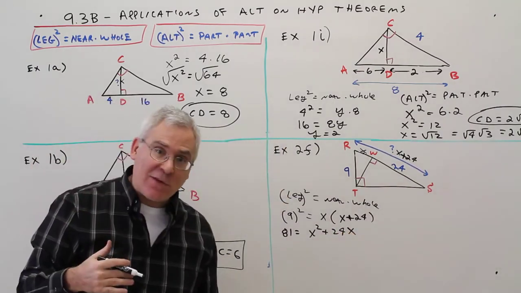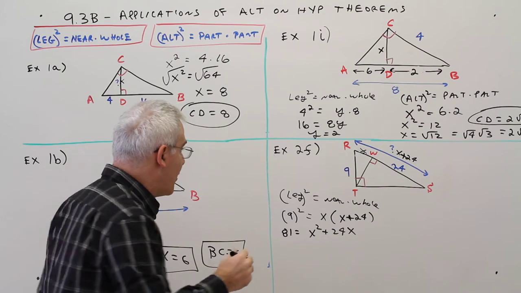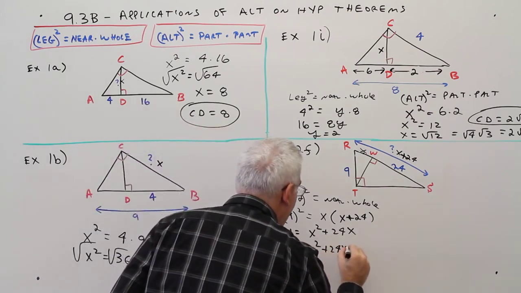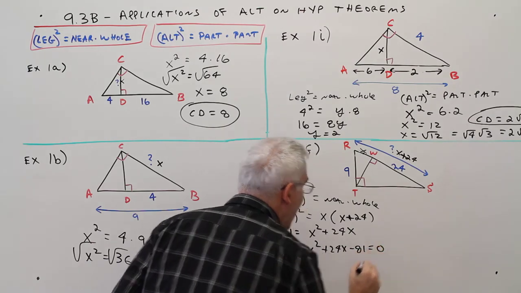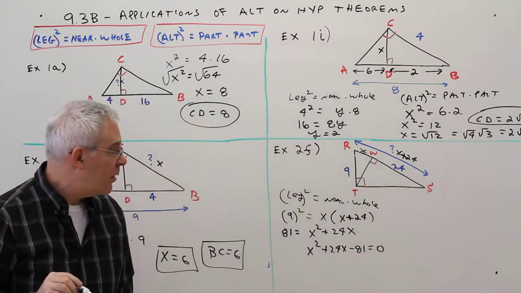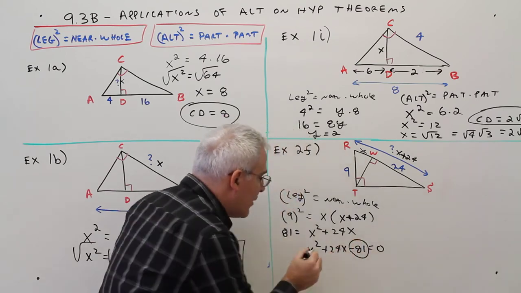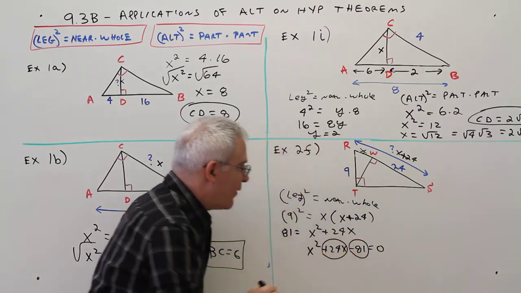Now we're going to go back to standard form, see if we can factor it. So I've got x squared plus 24x minus 81 equals 0. So I'm looking for two numbers that have a product of that and result in a sum of that.